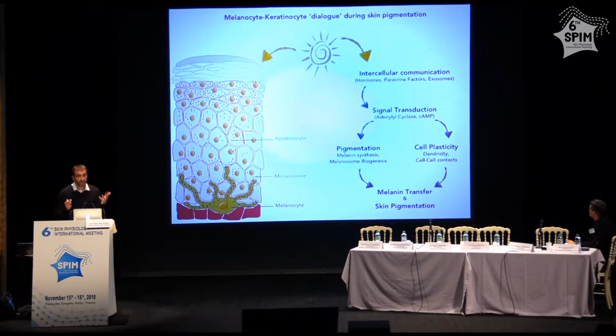So this project aims at understanding how this melanocyte can receive, or at least understand, some extracellular signals, and translate these signals into intracellular processes. When we started this project, I have to say, we first had a very naive approach.